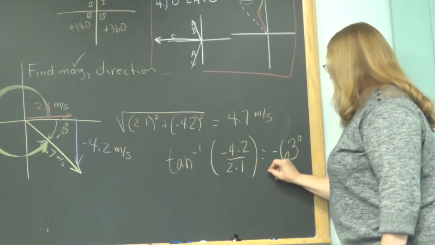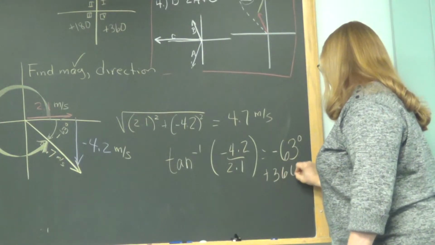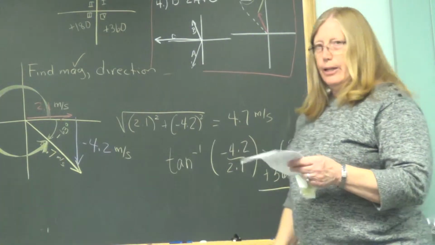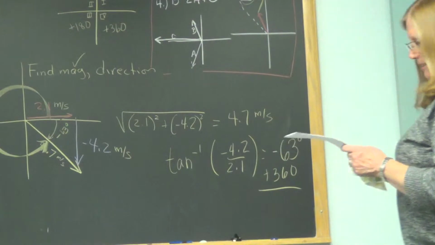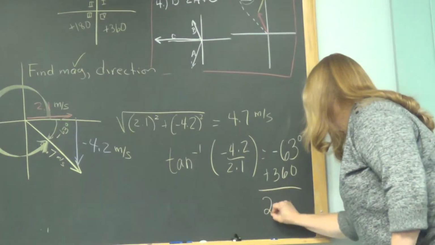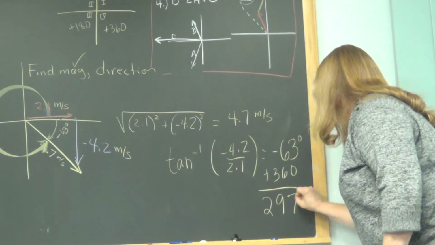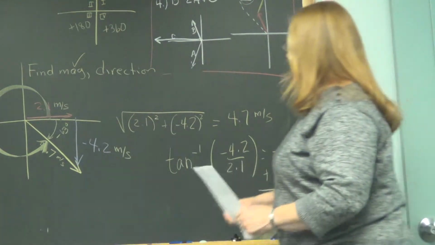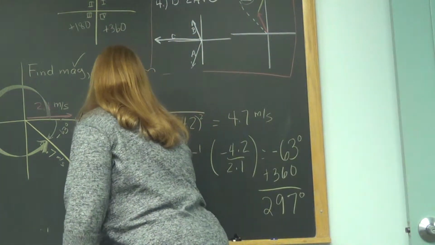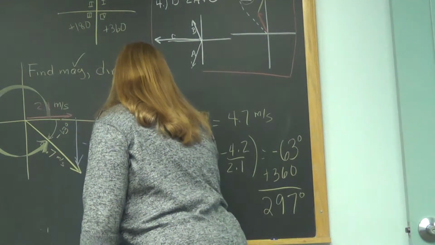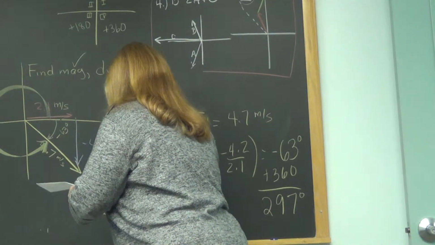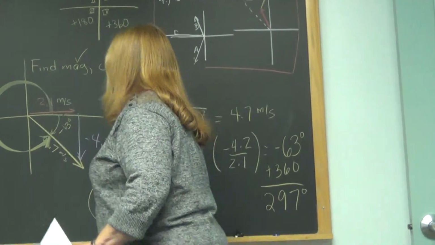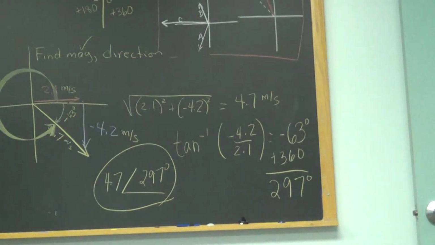What do I get when I do that? 297. 297 it is, so our answer will take this form: 4.7, angle 297. That's all there is to that.